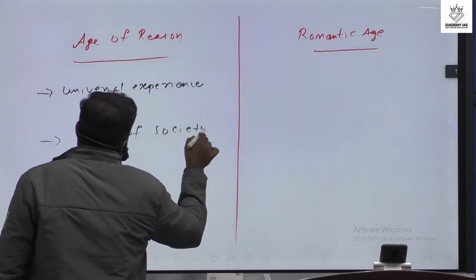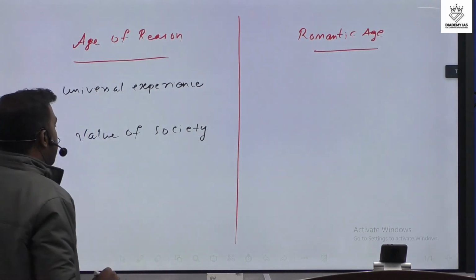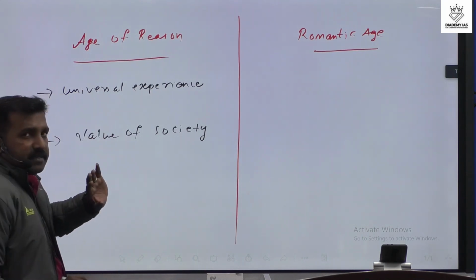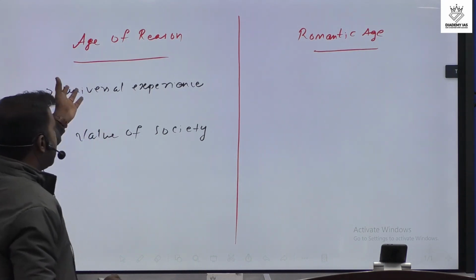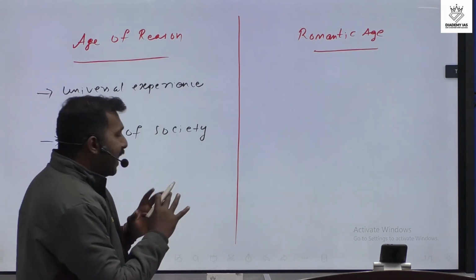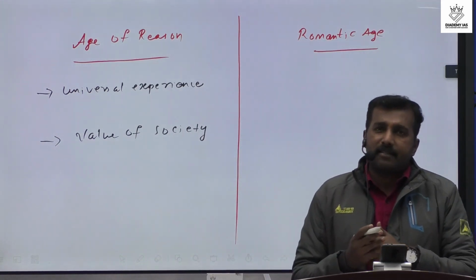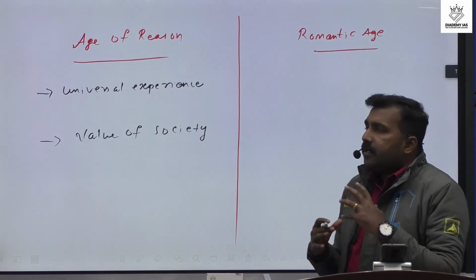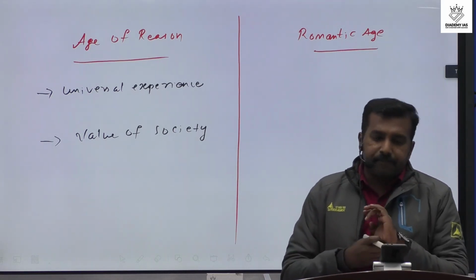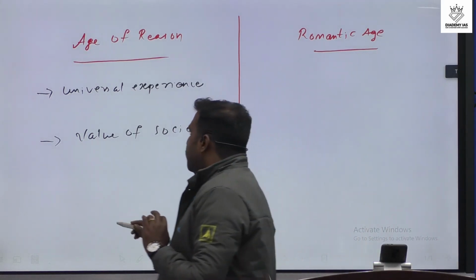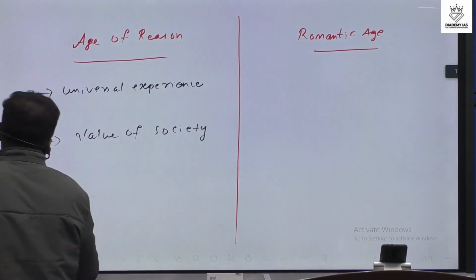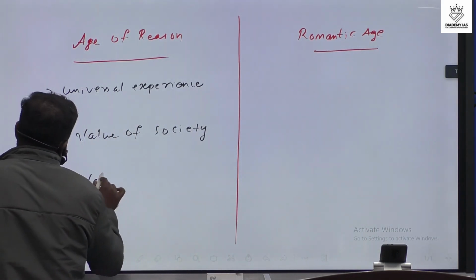People during that time focused on experiences, and they gave more priority to experience and the value of society. And the next one is that during that time they focused on the value of rules.